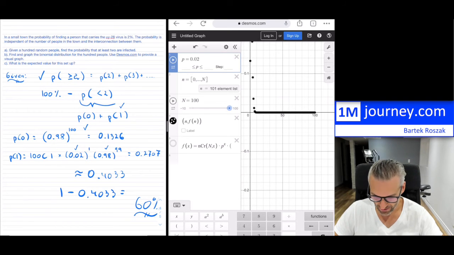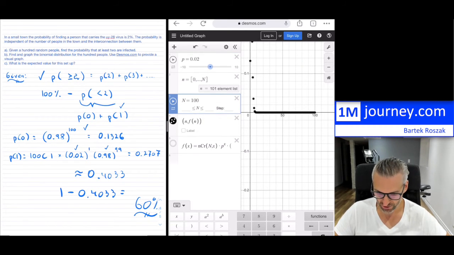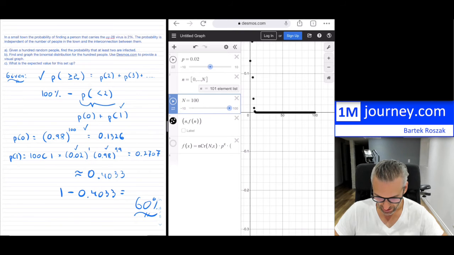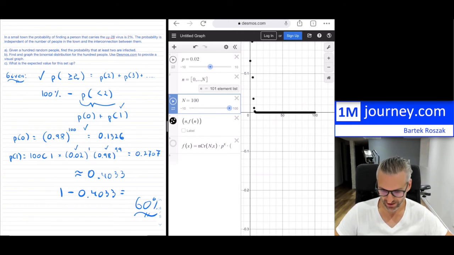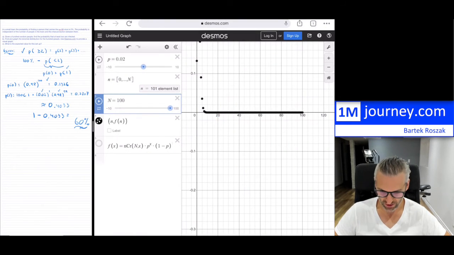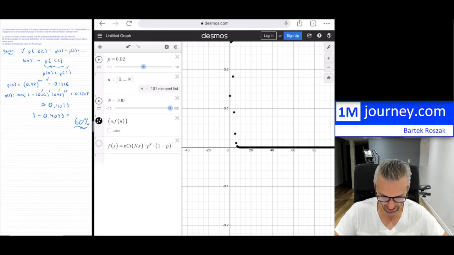We have n, actually it's 100 people, so n is 100. Notice I'm just mapping this out onto 100. And then we have our function, f of x equals 2, and choose r. Notice that I'm doing this. I'm going to swing this over so you can see it, and let's map it out.